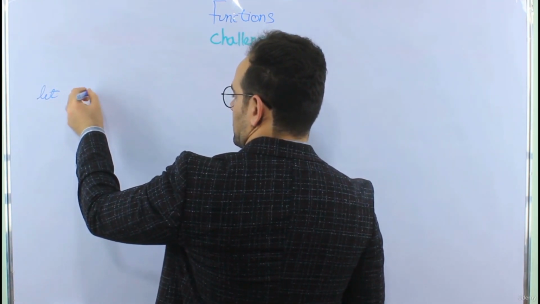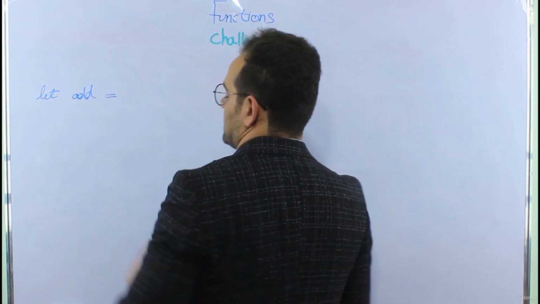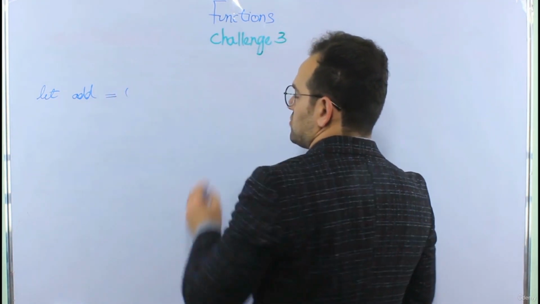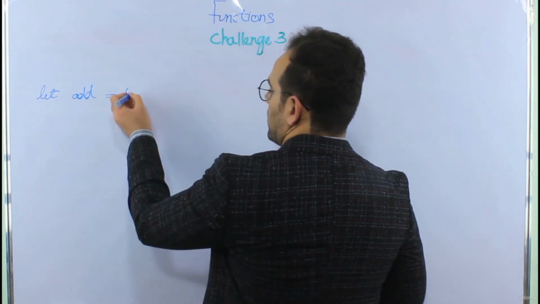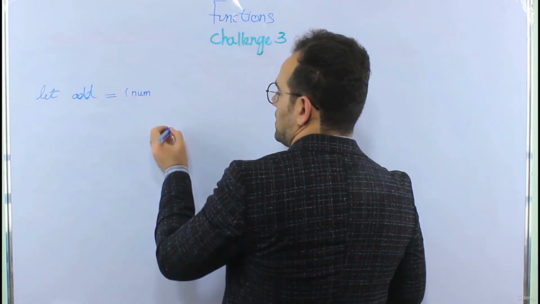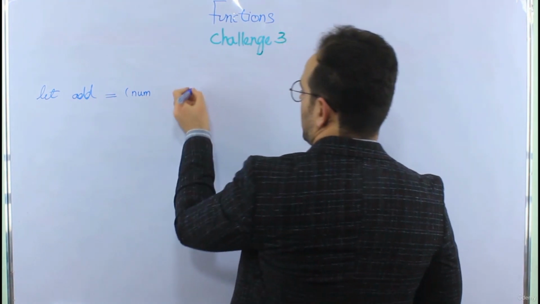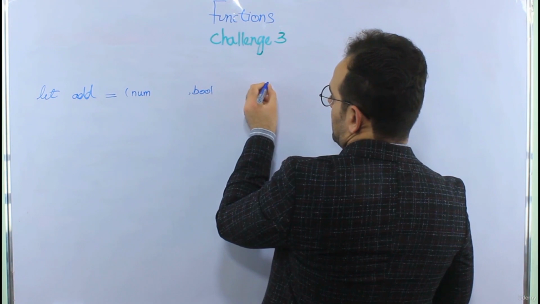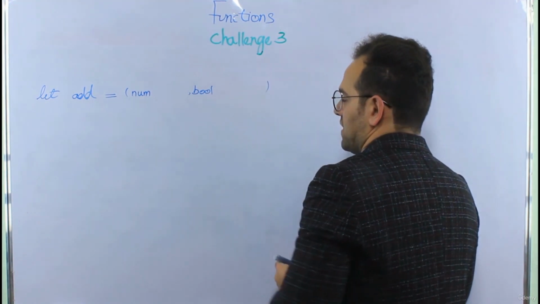Let's call this function add. And let's see what this function is going to take as parameters. So it's going to take two parameters. One parameter is going to be num, and the other parameter is going to be bool. And I'm going to close the parenthesis right there.